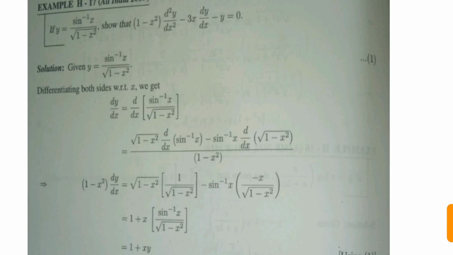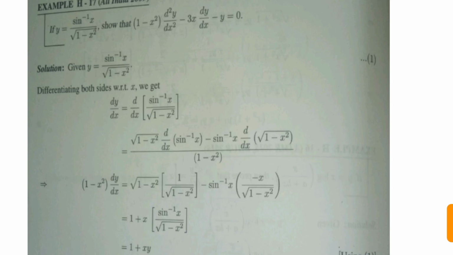Here two functions are there, so (1 − x²) dy/dx is equal to √(1 − x²) d/dx of sin⁻¹x, that is 1/√(1 − x²), minus sin⁻¹x, and differentiation of √(1 − x²) is equal to, first you apply the power rule, (1 − x²)^(1/2 − 1) into differentiation of 1 − x², that is minus 2x, and now the 2 cancels out, you get sin⁻¹x · (−x)/√(1 − x²).